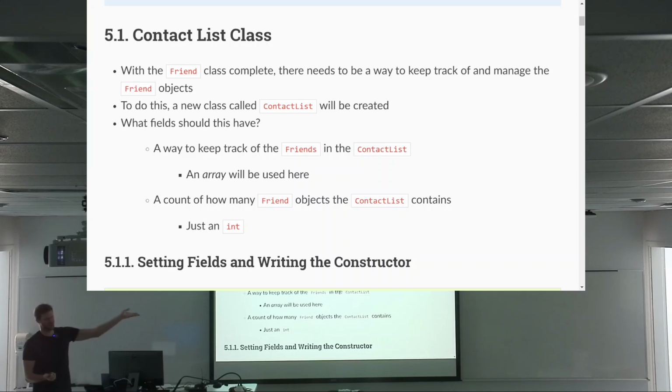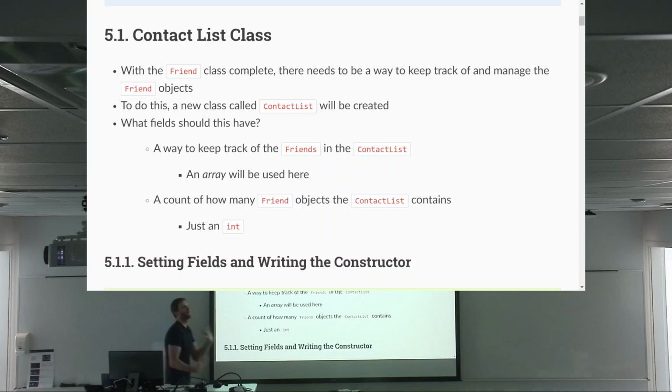Pick any number, we've got a problem. Infinite? No, nice try, you can't do that. If you pick any finite number, you're going to have a problem. Let's make it 10. What happens if I want 11 friends? Make it the integer limit. Okay, problem solved. Well, more on that in a moment.